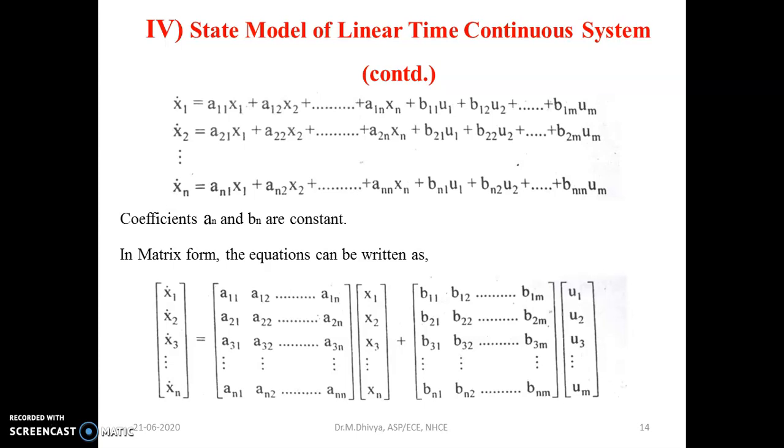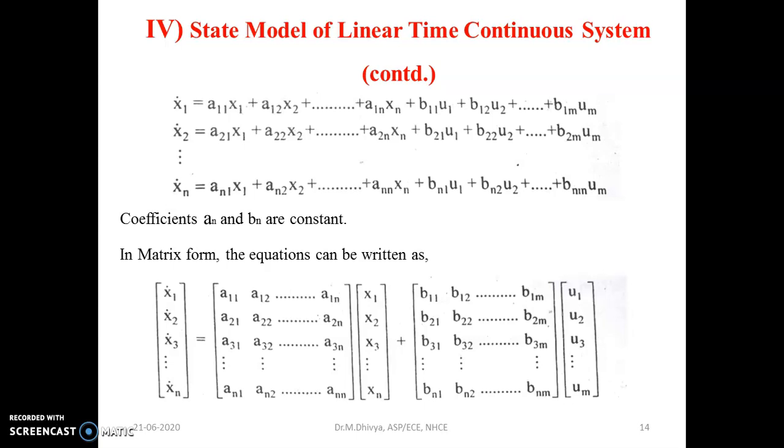x1 dot is equal to a11 into x1 plus a12 into x2 plus it extends till n state variables plus b11 into u1, the first input variable, plus b12 into u2 till it extends to the m-th input variable.